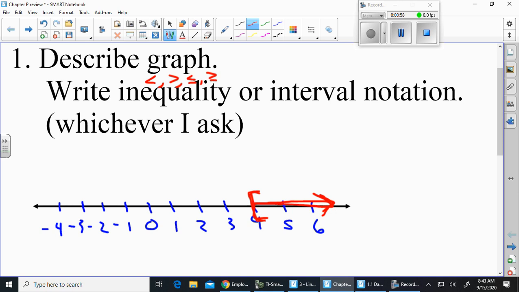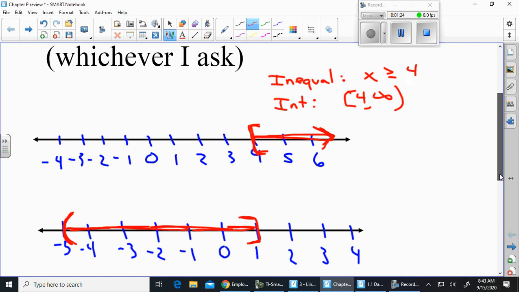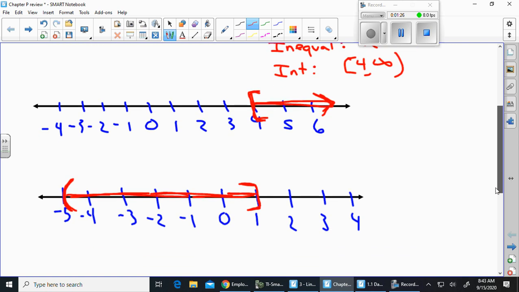If I said inequality for this graph, you would have x greater than or equal to 4. If I said interval notation, it's really easier. Left to right, it starts at 4, goes to infinity, and has a bracket.